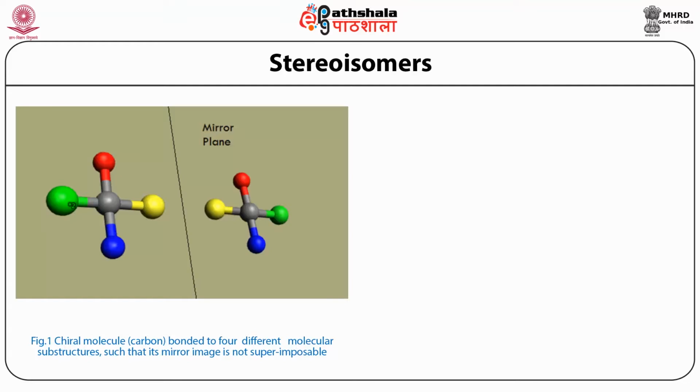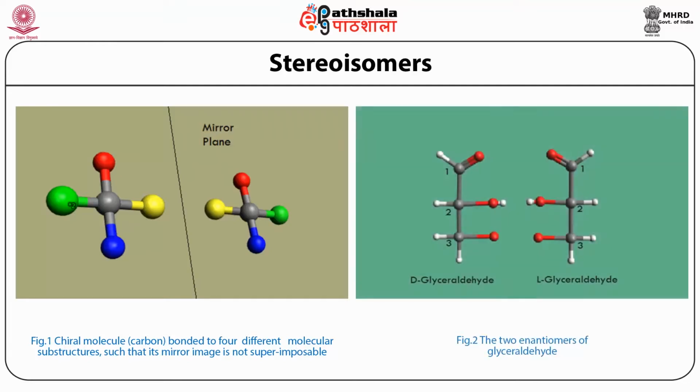Whereas in figure 2, the complete configuration is shown using different colors. So we can say when these molecules are mirror images of each other, they are known as enantiomers.